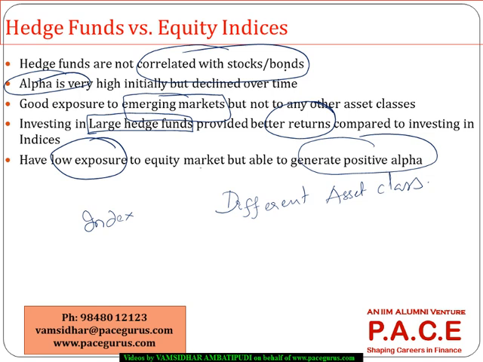So alpha-wise, initially there was a huge difference, but over a period, because of the increase in competition among various hedge funds, even the alpha decreased over time. But the only thing is, it has nothing much to do with the equity market. So when I look at exposure with respect to the equity market, it was not that high, but because of competition within the hedge fund industry itself, the alphas started coming down.